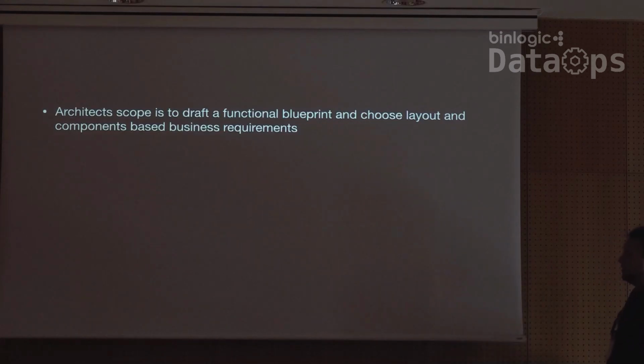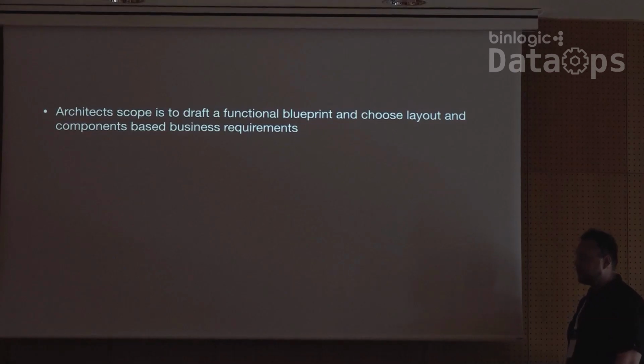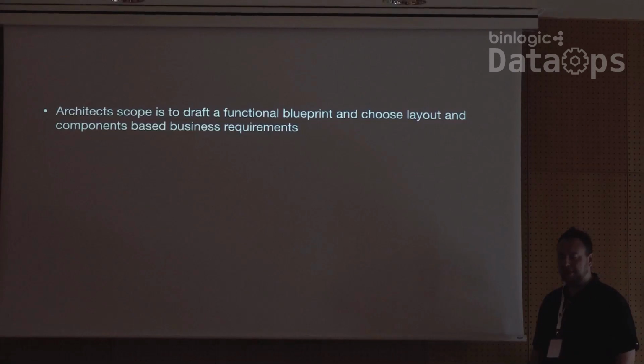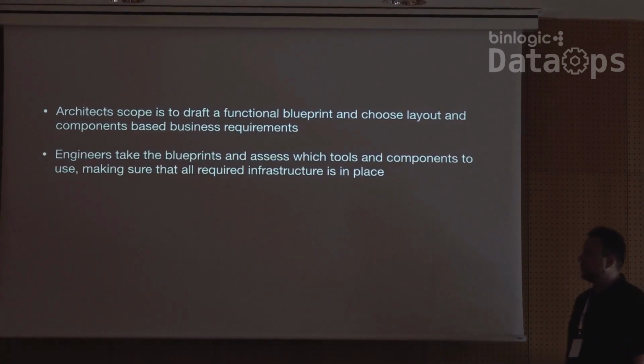Right, so normally the architect's scope is to make this blueprint of how the application should work, or how your workload should behave, and the outcome of this behavior that will translate to your business logic or to your application.